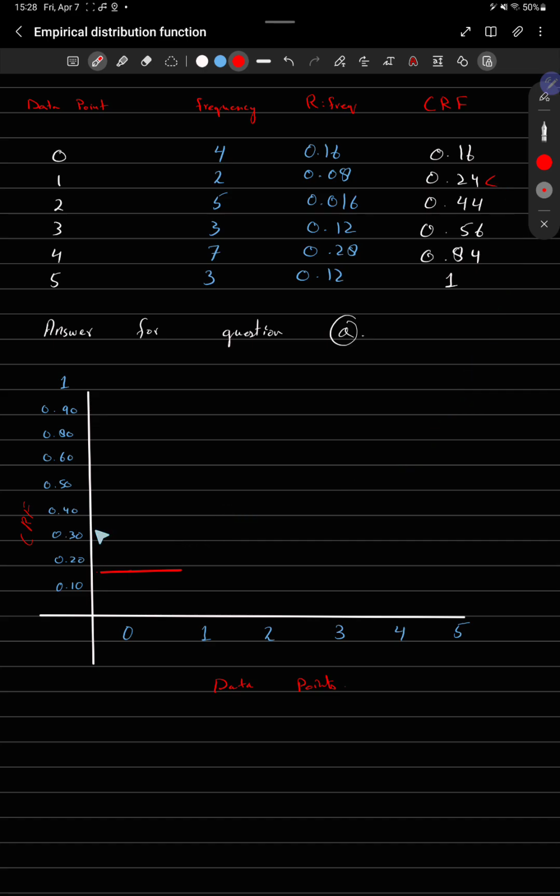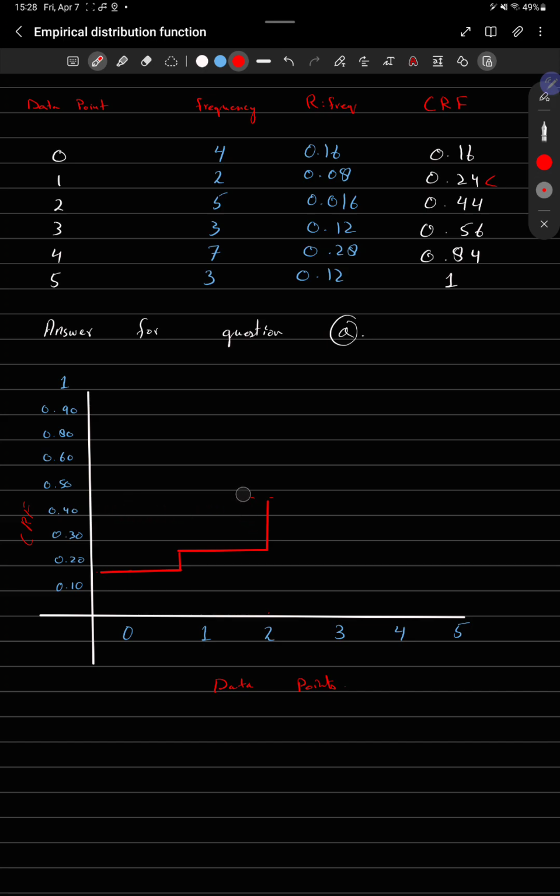So our second point is 0.24, so 0.24 can be here, so we go till here, then we draw a line till here. Okay, and then for the third we see 0.44. 0.44 will be here, so you go up directly till here.